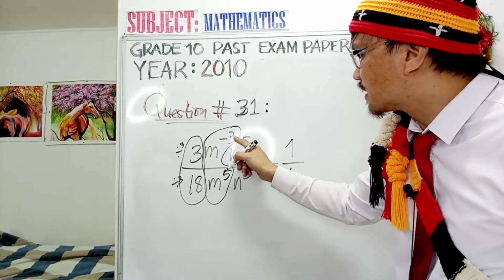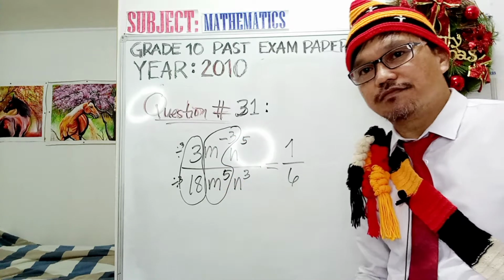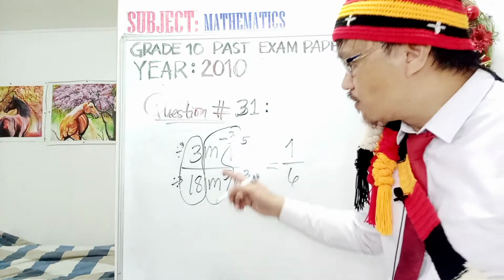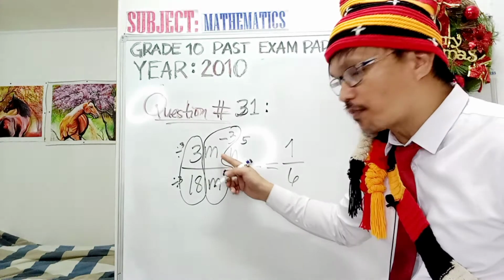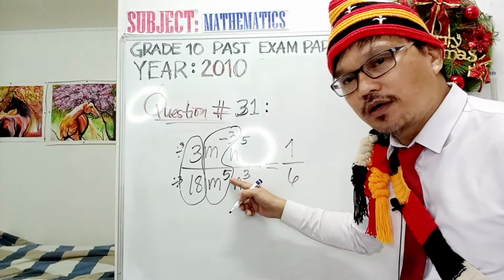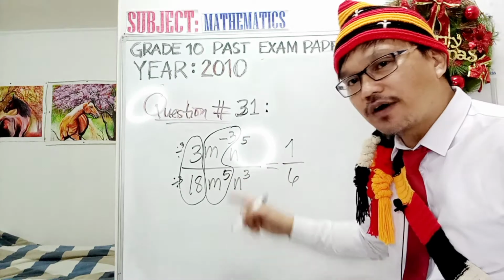That is m to the power of negative 3 divided by m to the power of 5. Take note, remember the rules of indices. When you are dividing index expressions, what are we going to do with the powers, the negative 3 and the 5?